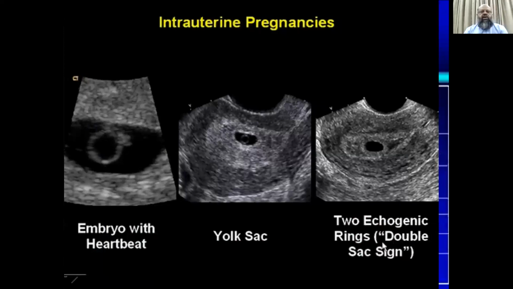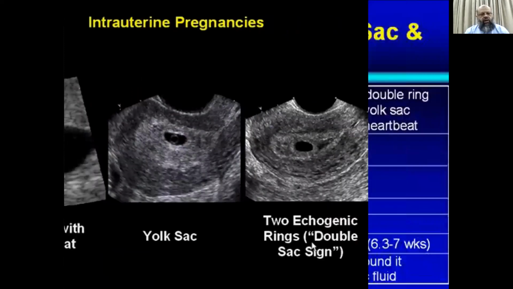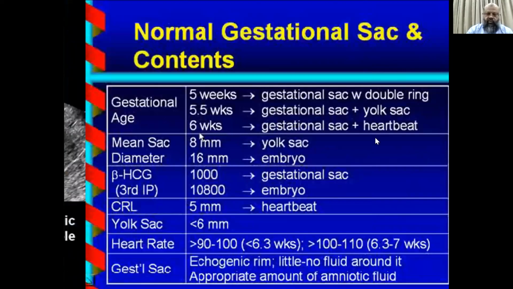The normal gestational sac and contents. This slide is very important. If the gestational age is 5 weeks and a gestational sac with double ring is present, that indicates a normal gestational sac. So at 5 weeks, we must have a gestational sac with double ring. The double ring has this type of shape.